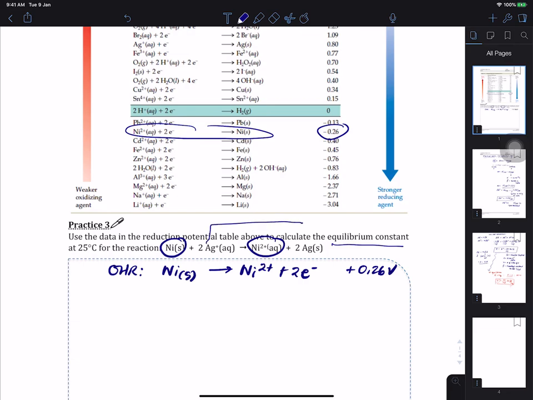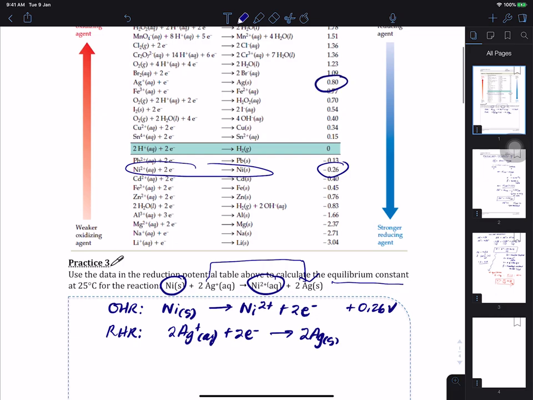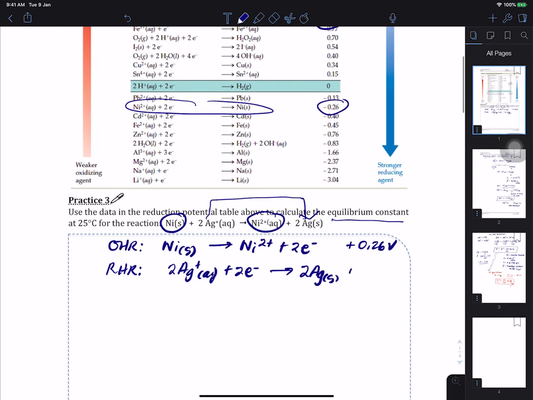And then silver gets reduced, that's a regular reduction here, so that will be 2 silver ions taking up those 2 electrons, forming 2 silver solid with a reduction potential of positive 0.8 volts.